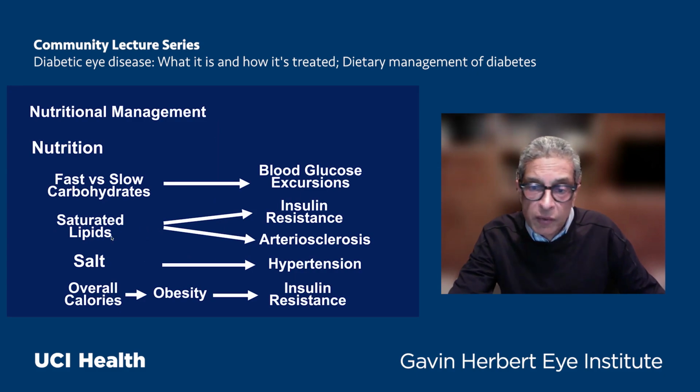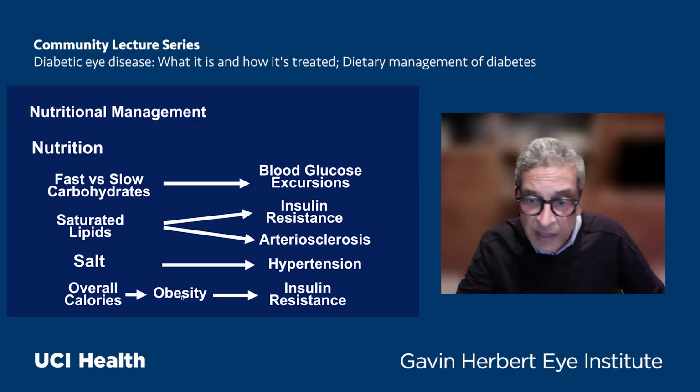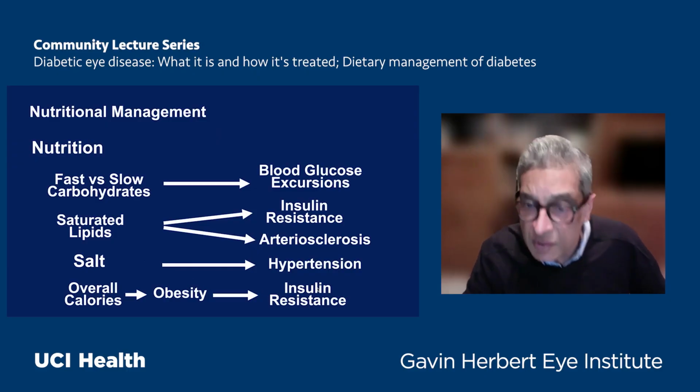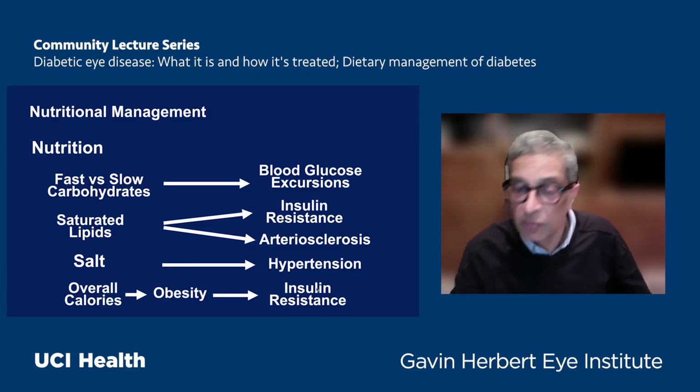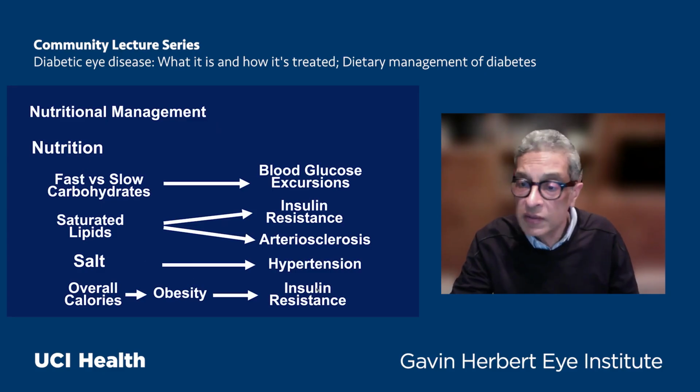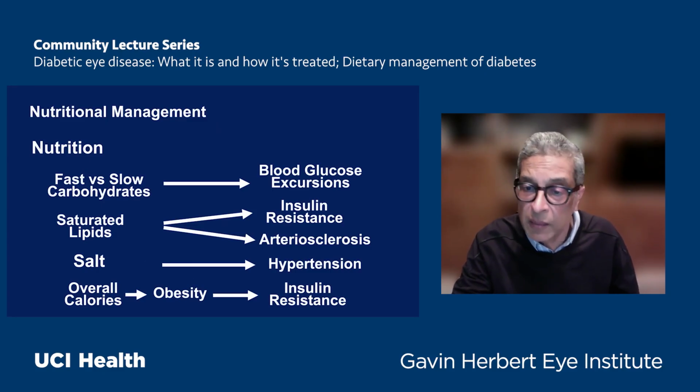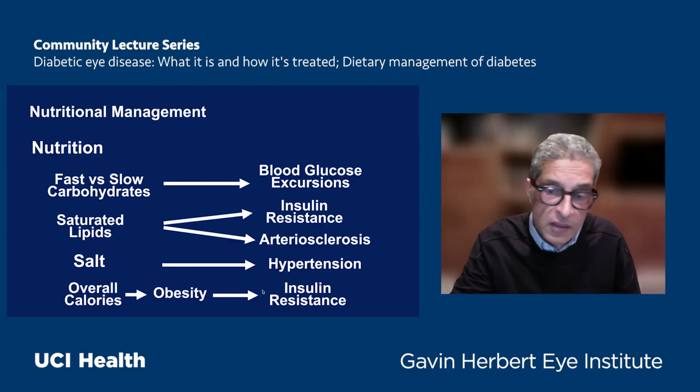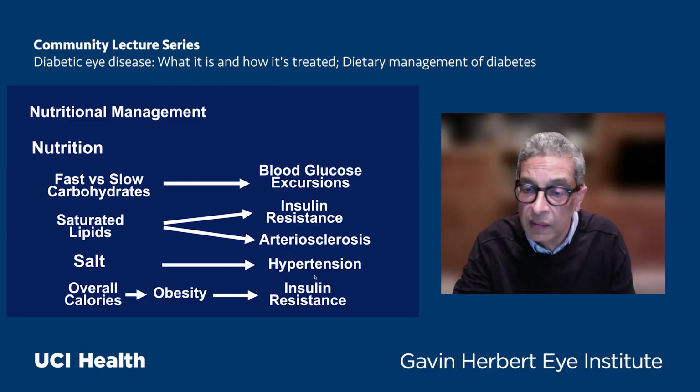And overall calories can lead to an increase in weight, and that excess calories that we eat is stored as fat, and fat tissue causes insulin resistance in the rest of the body. So increased fat tissue causes the liver to be resistant to insulin, and causes skeletal muscle to be insulin resistant, because the fat tissue secretes substances that affect how insulin works in other tissues.